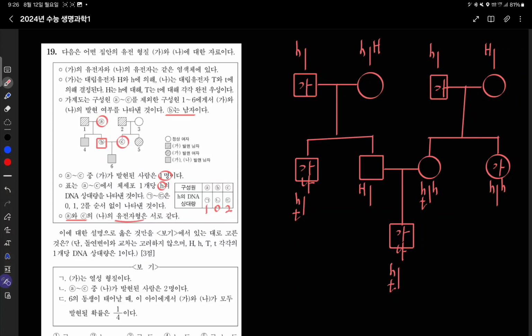Individual number one, because he doesn't have the second trait, has at least one capital T. And that means individual C receives the X chromosome with a lowercase h allele and capital T allele from her father, and lowercase h and lowercase t allele linked chromosome from her mother.